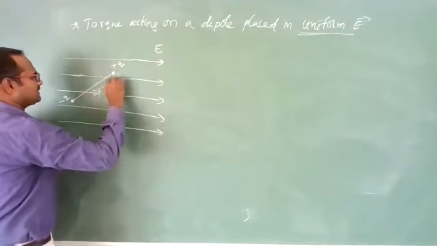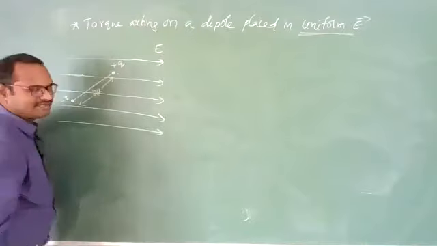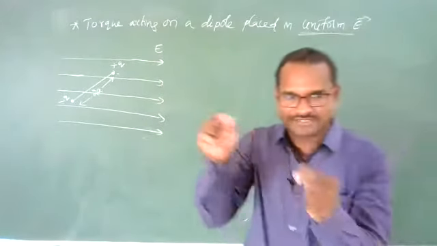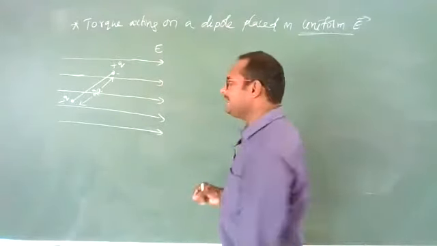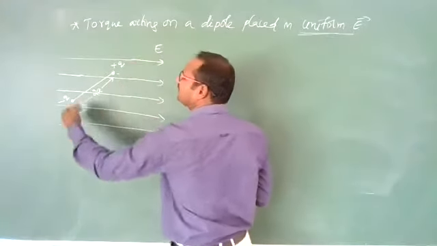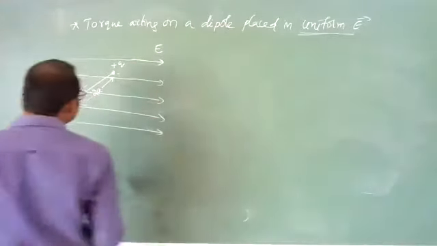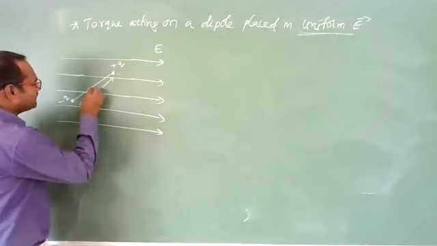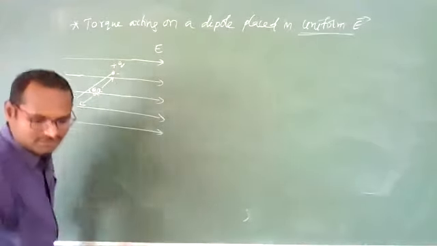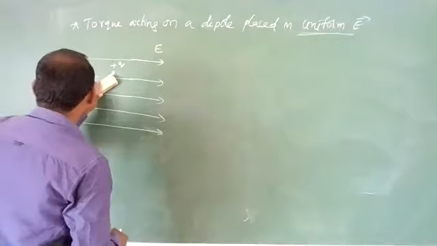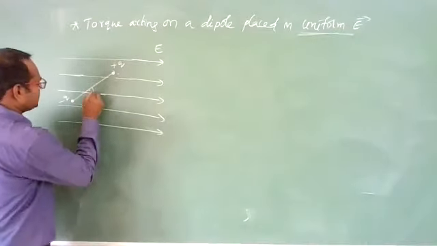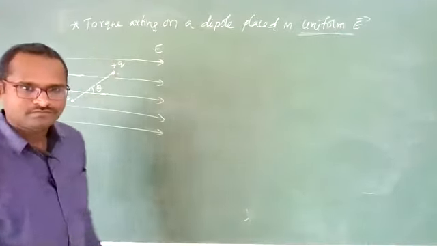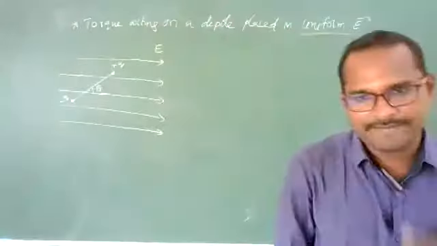Let us consider the distance between these two charges is 2a. It is placed in the uniform electric field such that it makes an angle theta with the electric field. Let us suppose we have placed it like this. Clear? Now what happens?